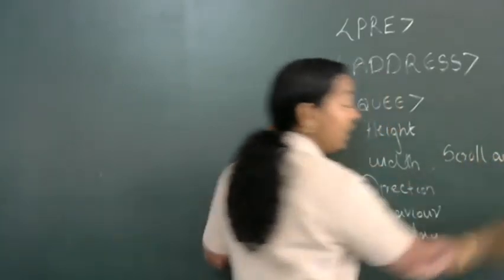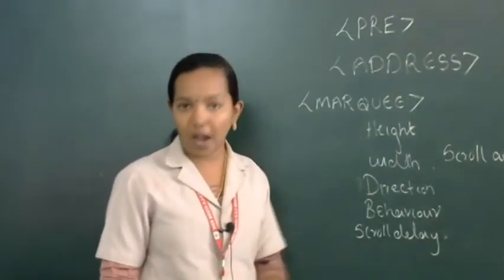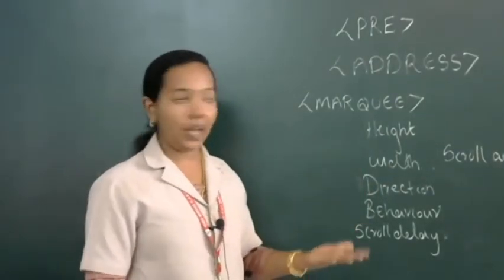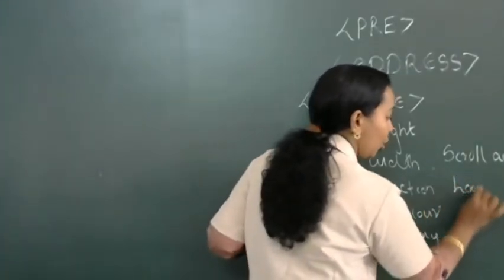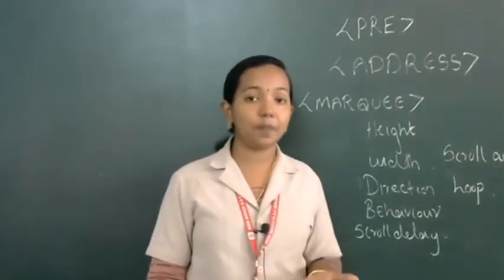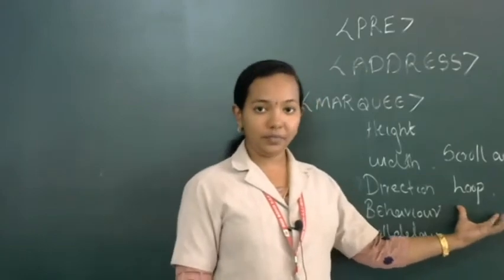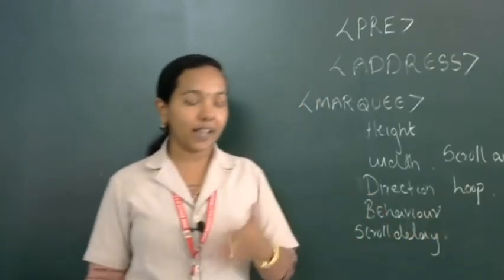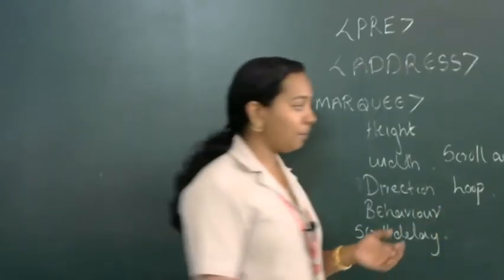Scroll amount indicates the speed. If you want to move it fast, then we can give a value for scroll amount. Then the next one, loop. How many times does the text want to display on the web page? For that purpose we are using loop.